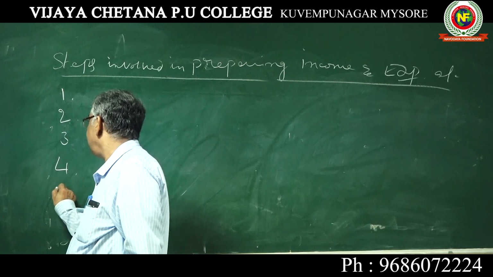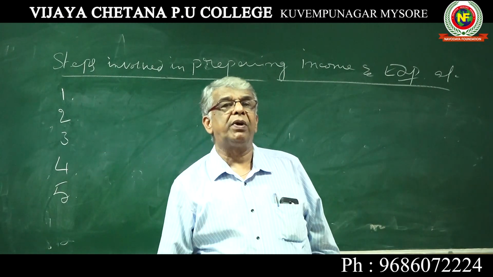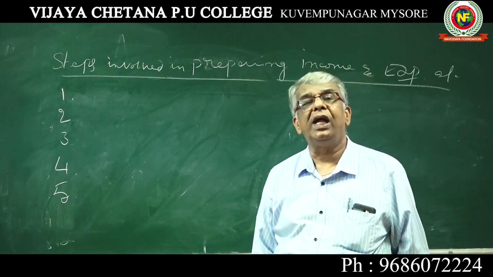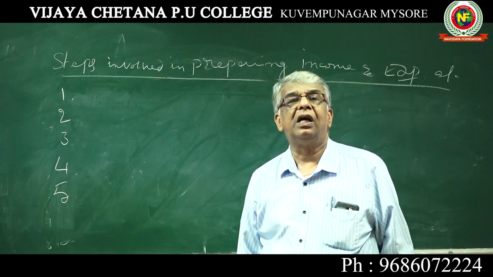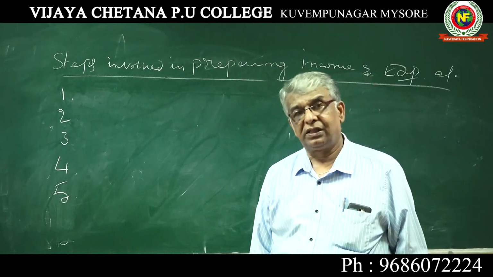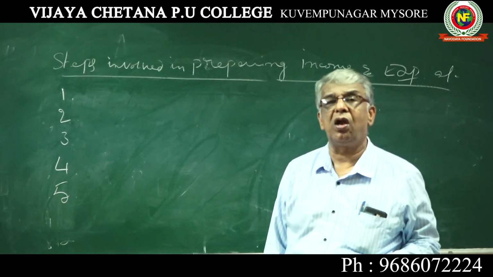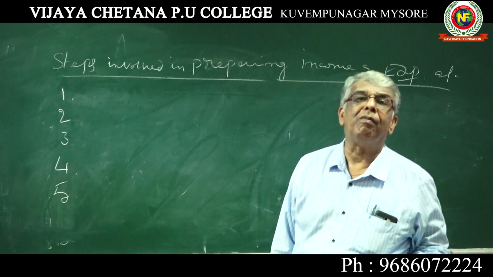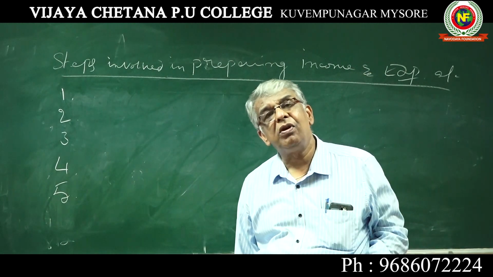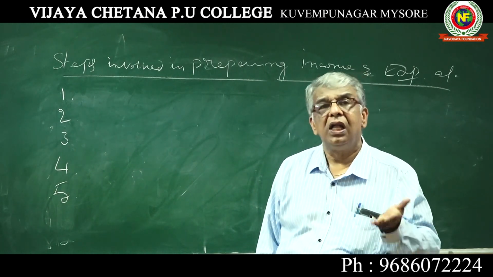And the next one is, while preparing income and expenditure account, we have to take into account the outstanding items. That is income earned but not received, or what we call accrued income, for the current year. That also we have to take into account.